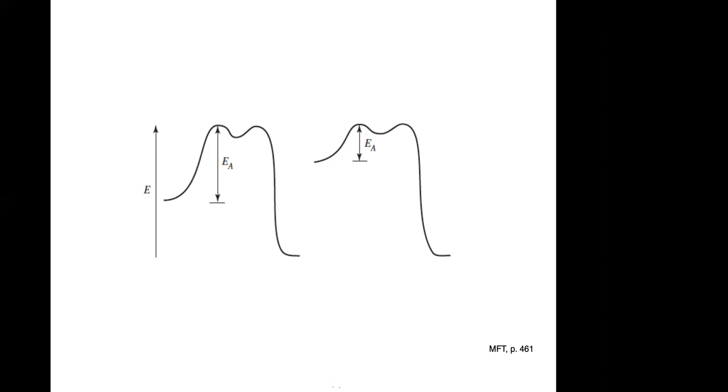But as we said, this is not what's really mostly influencing this trans labilizing ability. So the main origin of this trans effect is as a kinetic effect. It really must lie in the ability of these ligands to stabilize the activated complex relative to the reactant complex.